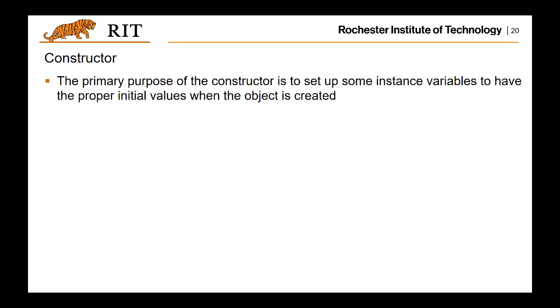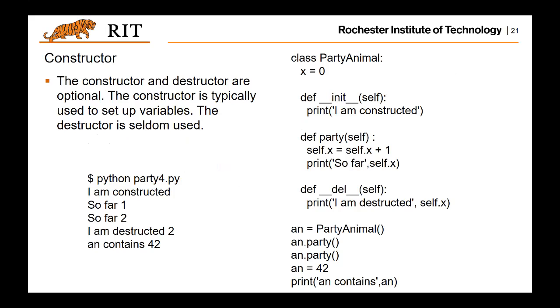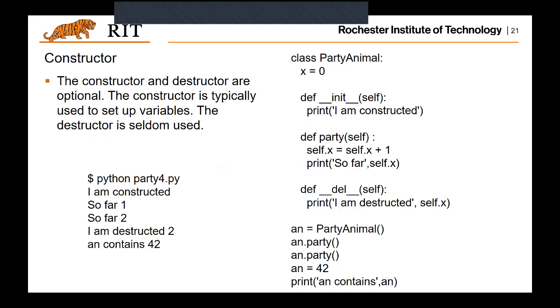So as I mentioned, the constructor is used to set up some instance variables with the proper initial values when you want to create an object. If we look at this piece of code, you have a class called PartyAnimal.